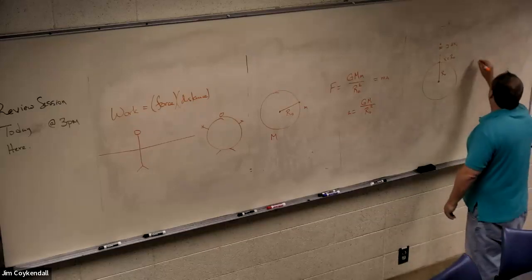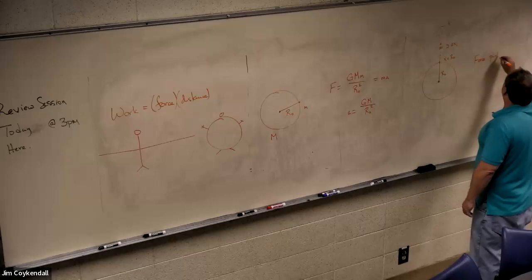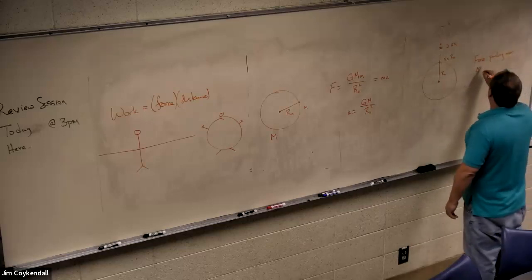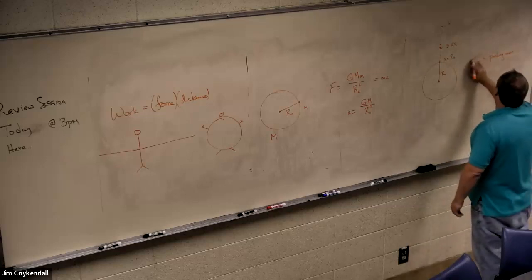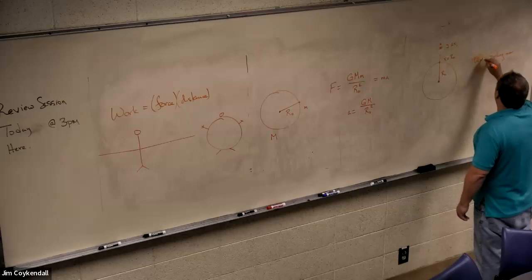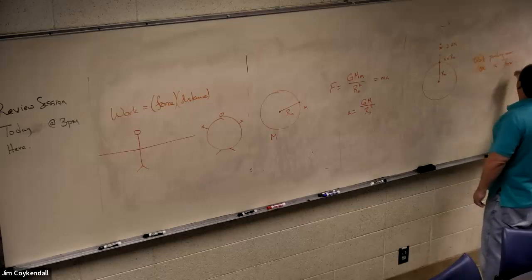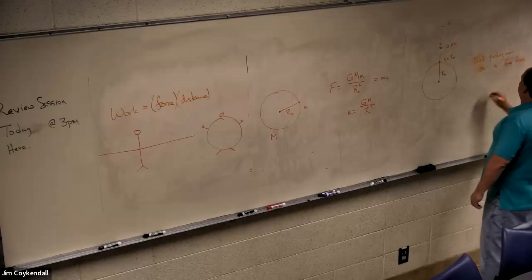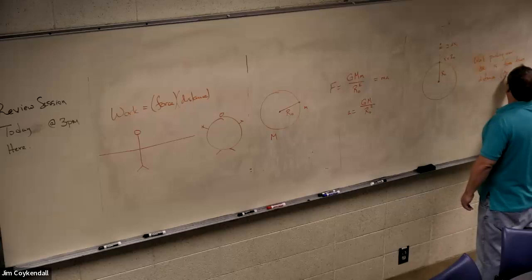So the work over delta xi is force times distance, and the distance is delta xi.